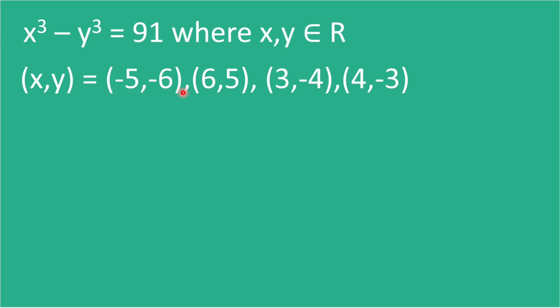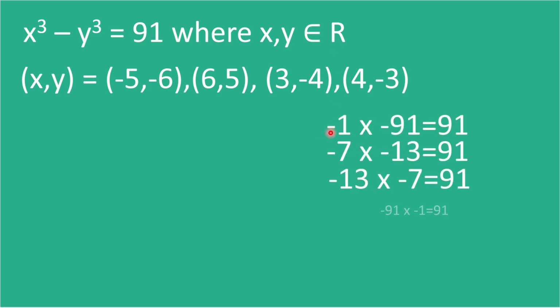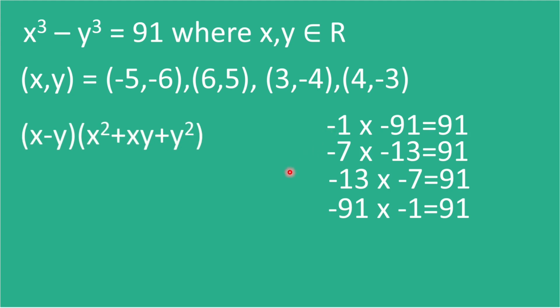Now we have these values of x and y, and we have factorized this 91 into 4 factors, in which we considered two cases, and two cases were rejected. But remember, if we are talking about real numbers, it means that we can also consider minus values over here. But look at this part of the question, this x squared plus xy plus y squared.